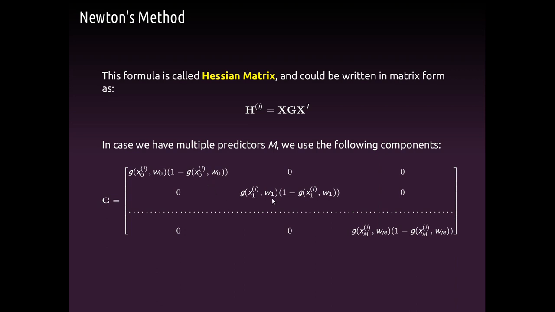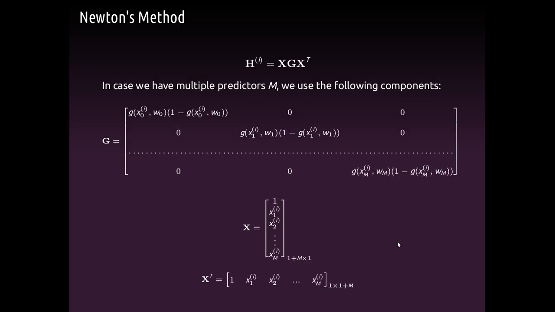So it takes this formula, and you put the corresponding x vector of predictors, which starts by 1 corresponding to the w0 coefficient, and then lists all of your values from x1 to xm, where m is the number of predictors. And you also create the transpose version of the x, which will have dimensions 1 by 1 plus m.